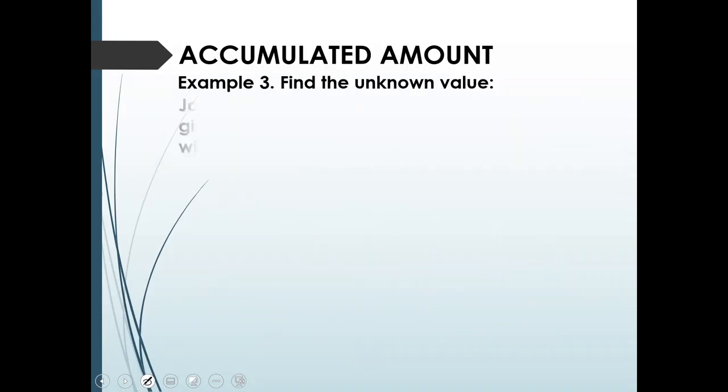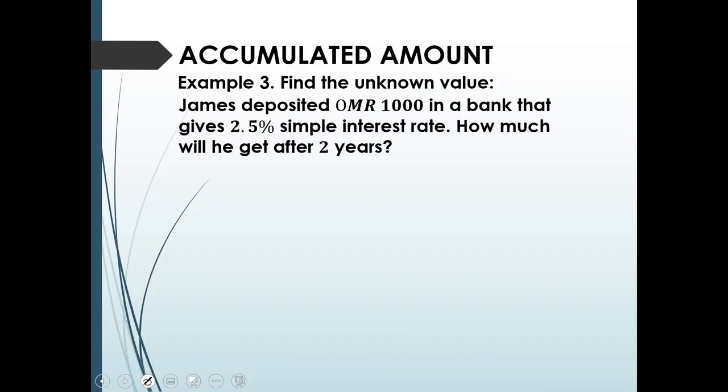Find the unknown value. James deposited, so this is the money in the beginning, the principal, that gives 2.5% simple interest rate. How much will he get after 2 years? So the unknown is A. Let's identify the given. The principal is 1,000.